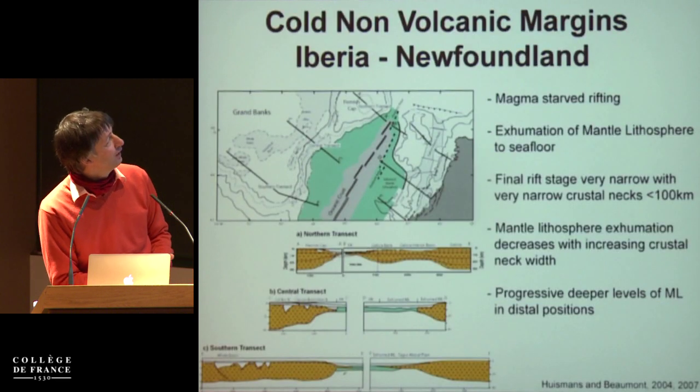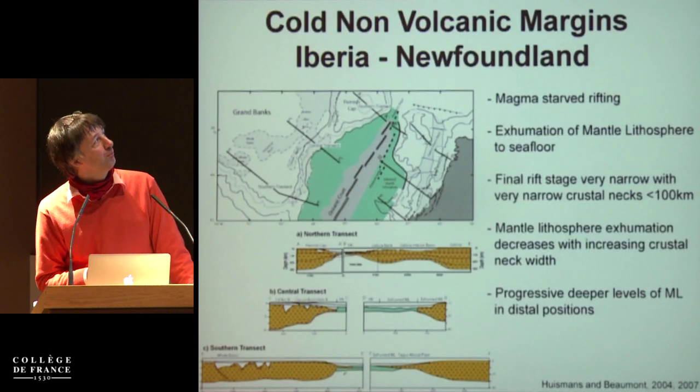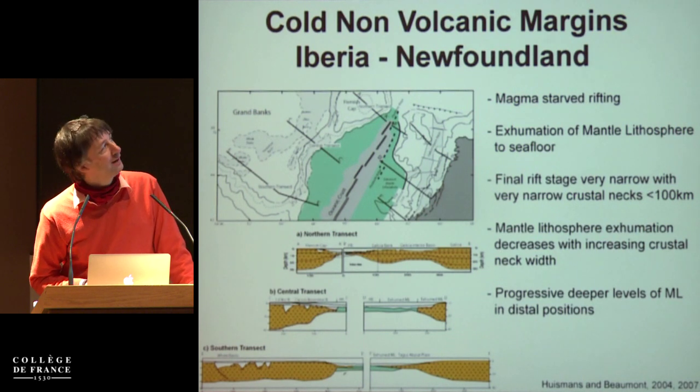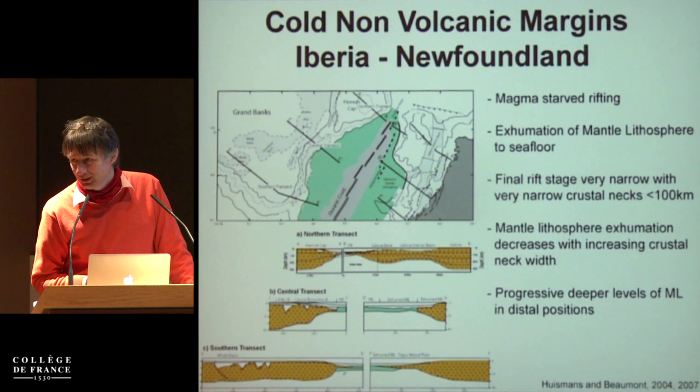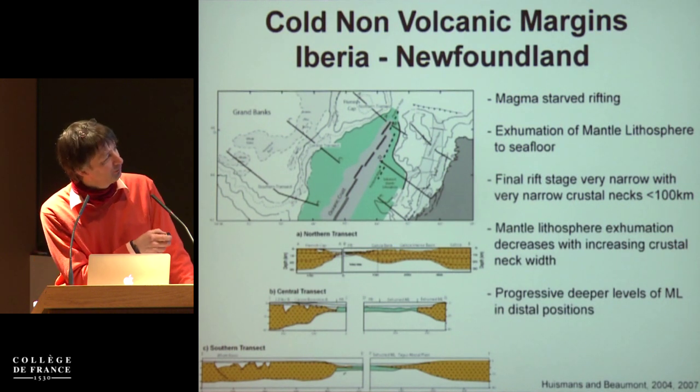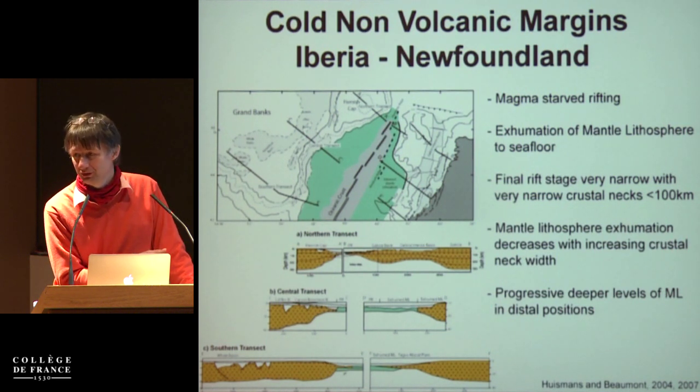Now, coming back to the very narrow cold volcanic margin systems such as Iberia and Newfoundland, I mentioned that we have difficulty explaining these very wide tracts of mantle lithosphere at the seafloor by detachment faulting.